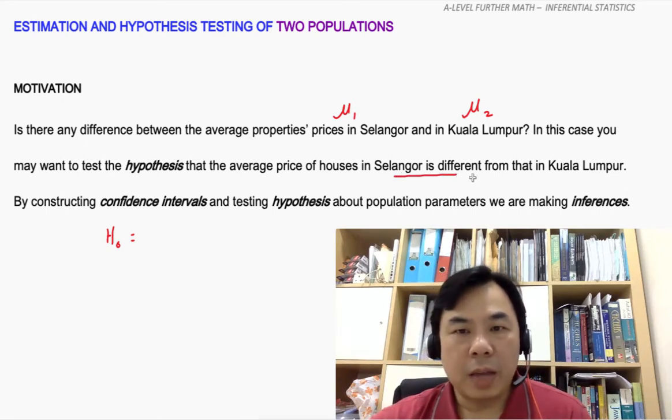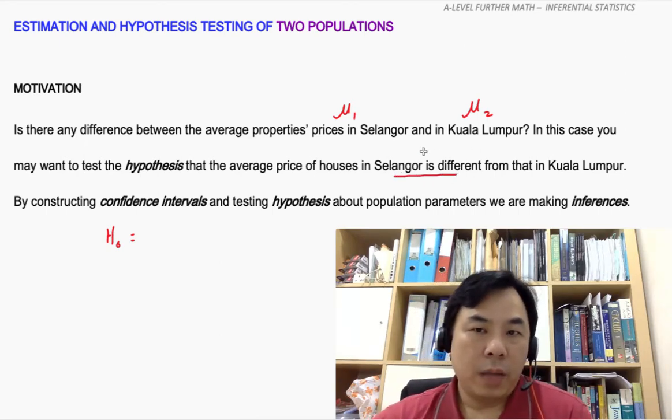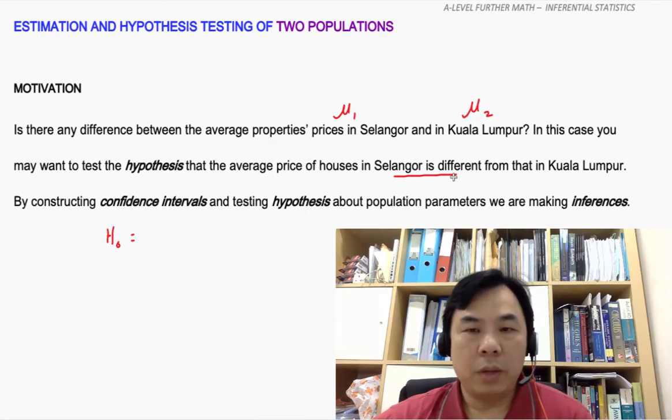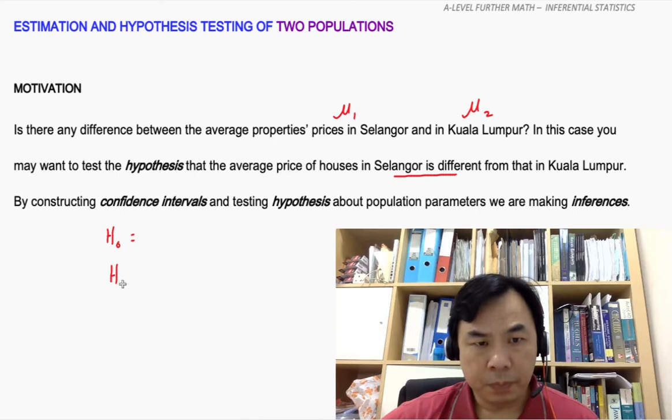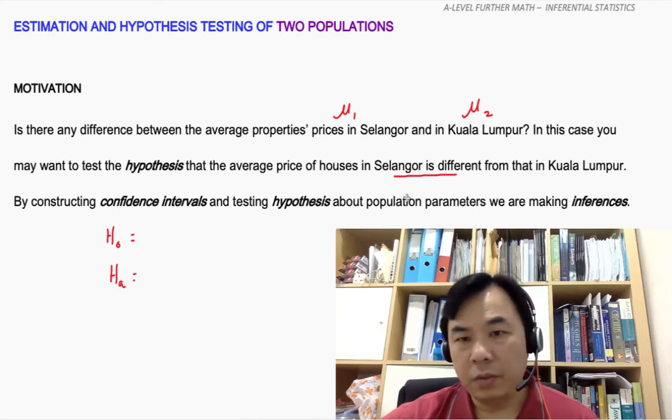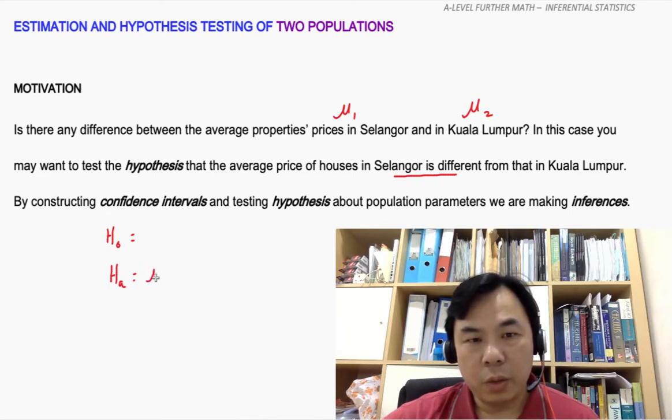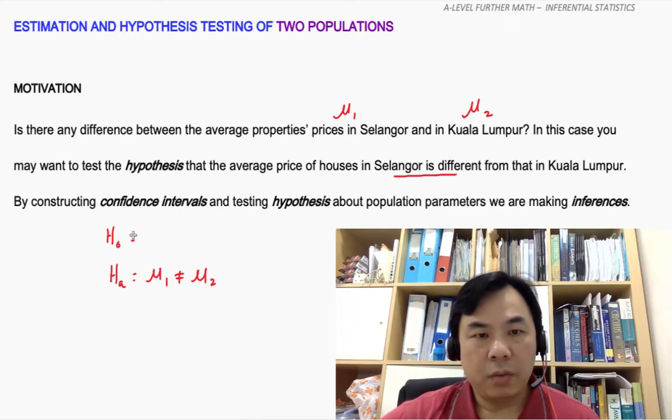This is something that is unknown, so we have to go out there and test it. That will be our alternative hypothesis. In this case, we want to test whether the property price is actually different. For the null hypothesis, we are saying that there is no difference here.